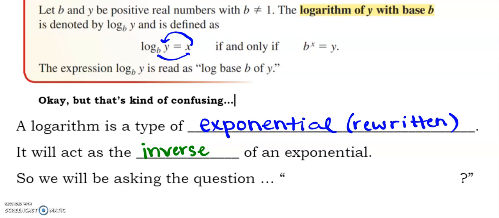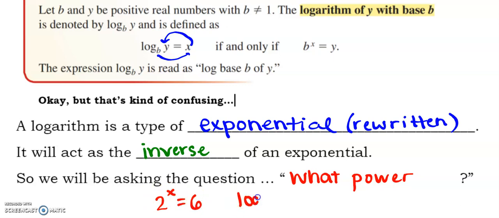And if something undoes an exponential, we will be asking the question, what power? So, just like that one that said 2 to what power is equal to 6, well, log base 2 of 6 is that power. Okay, we'll talk about how to write that with some examples.